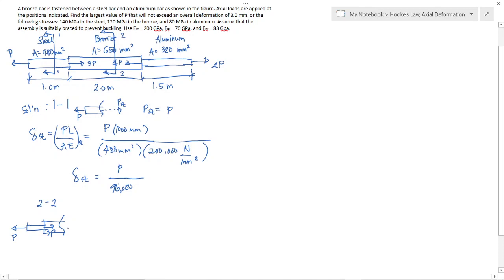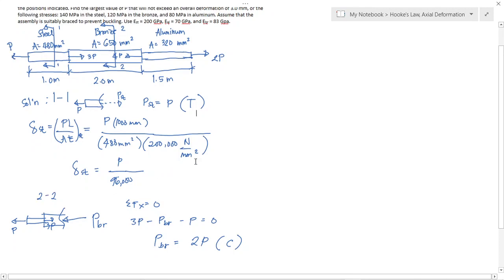So obviously, you need to counteract to maintain equilibrium. So the internal force here in the bronze will be, summation of forces along x equal to 0: 3P less P bronze less P is equal to 0. So P bronze will be equal to 3P minus P, which is equal to 2P in compression, because it is towards the section. So this one is in tension.